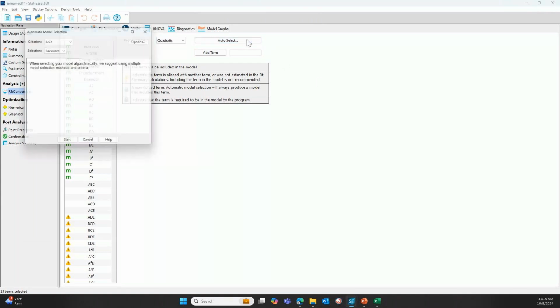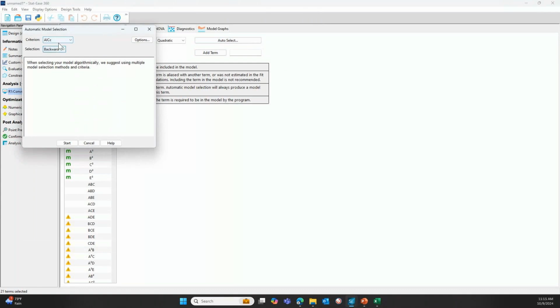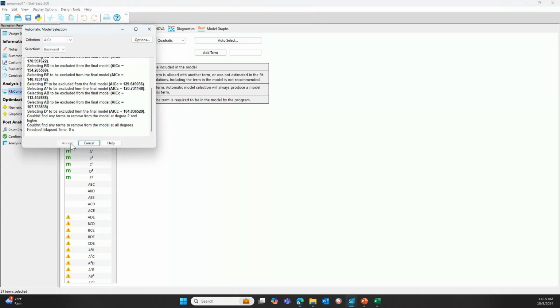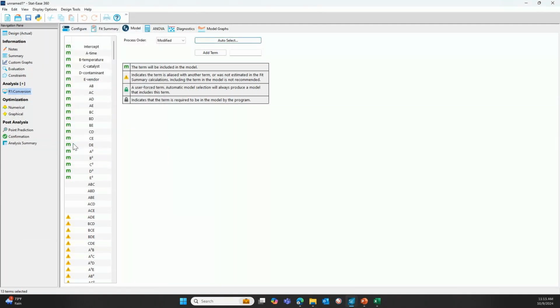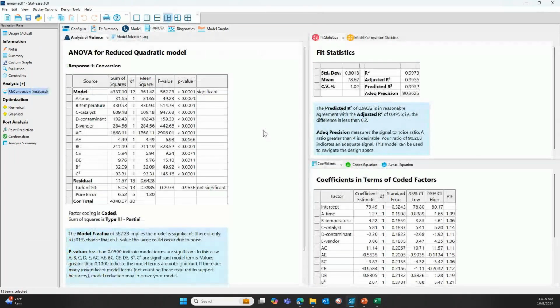So I will use auto select, and you can set the criteria and approach. I will use AICc backward as my model reduction technique. You can use p-value backward or forward to look at it, but this one tends to work quite well for me in most cases. So I will do that. And then when I click on ANOVA, I now have a predictive model created to navigate my design space and to make suitable predictions throughout.